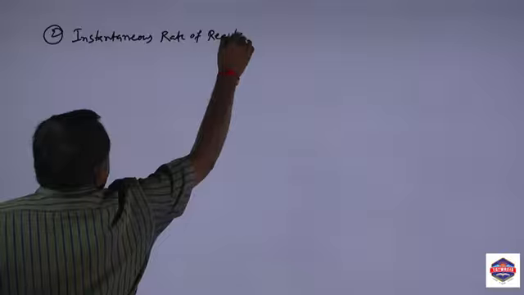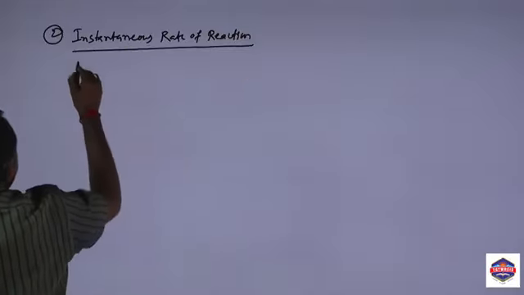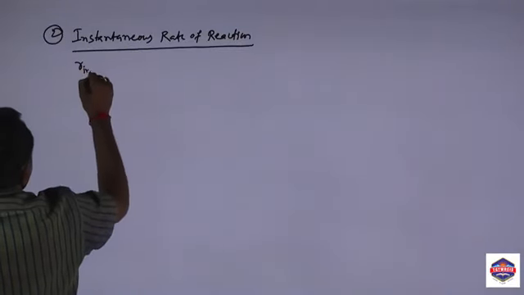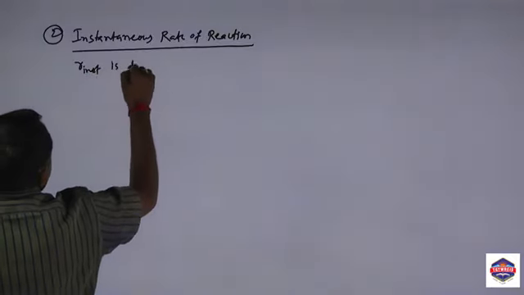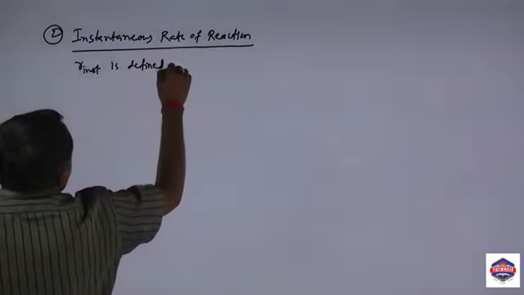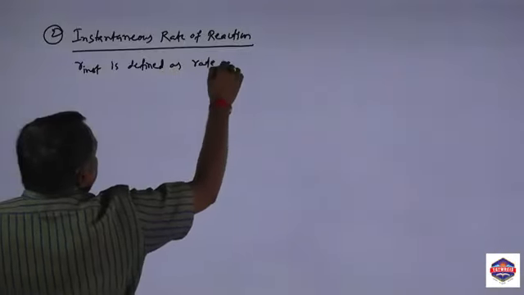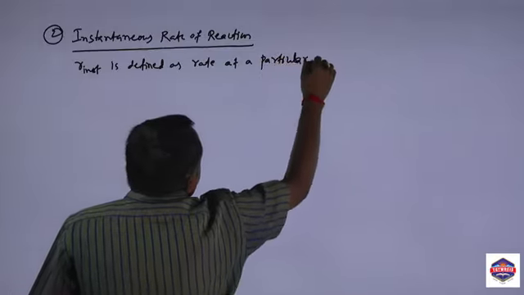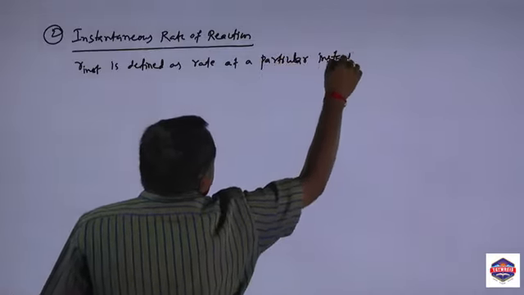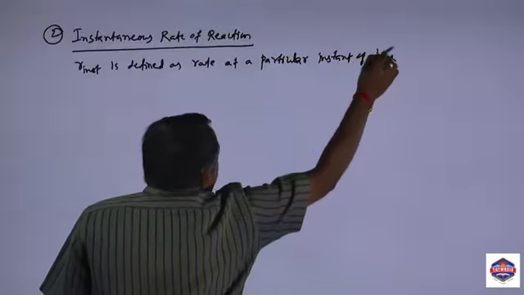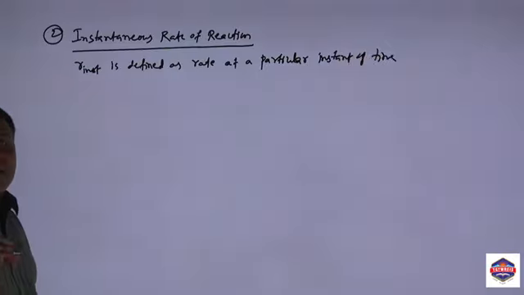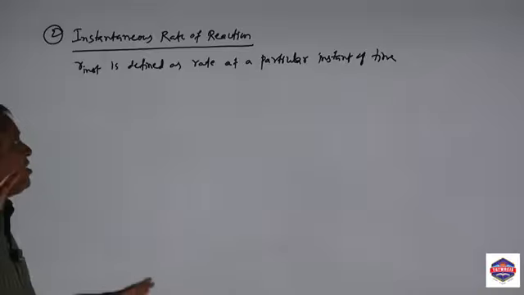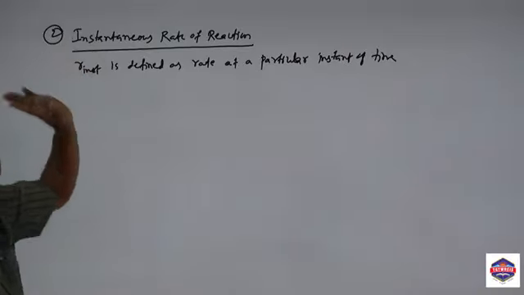R instantaneous is defined as the rate at a particular time, a particular instant of time. For example, if you want the rate at 5 minutes, or the rate at 10 minutes, or the rate at 15 minutes, that is the instantaneous rate.